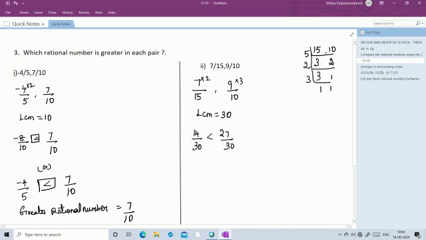Compared to 14, 27 is greater. 27 by 30 belongs to 9 by 10. So 7 by 15 is smaller than 9 by 10. So the 9 by 10 rational number is greater. Therefore the answer is the greater rational number, it's equal to 9 by 10.